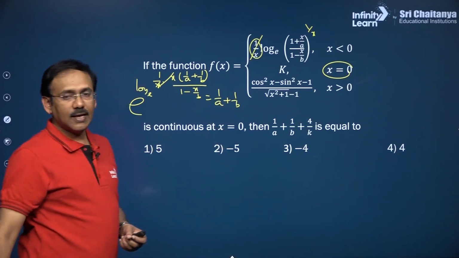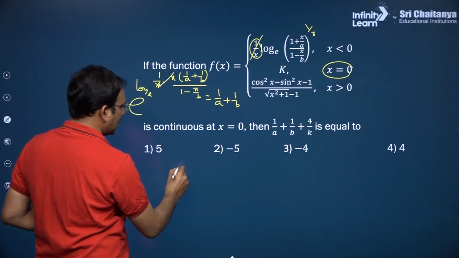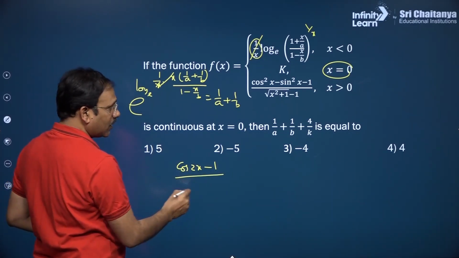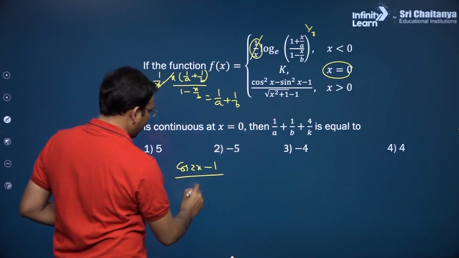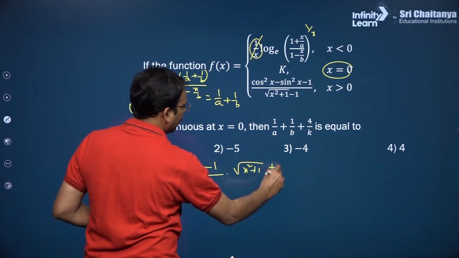In the same way, here for the right hand limit, cos square x minus sin square x will become cos 2x minus 1 by, you just rationalize here, my dear friends, this minus 1 will become x square into root of x square plus 1 you are going to get.